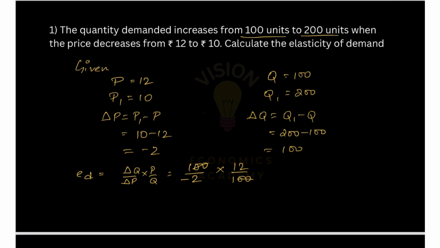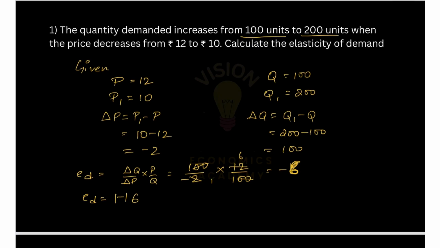So the zeros get cancelled, 2 into 6, so minus 6. So elasticity of demand is equal to modulus 6.